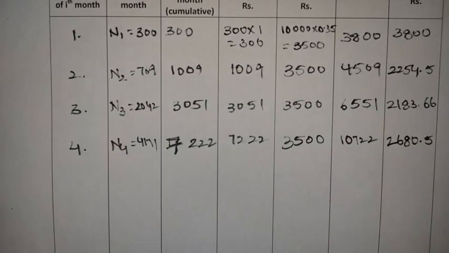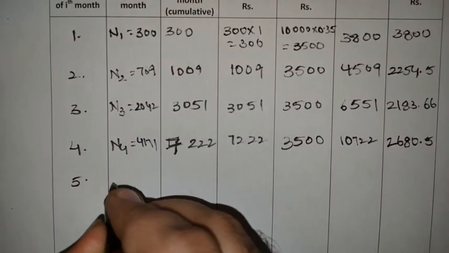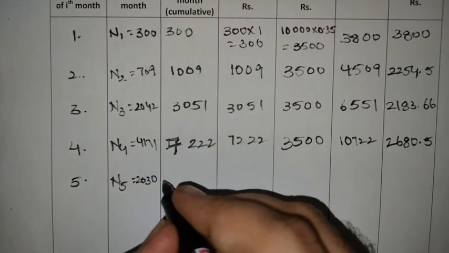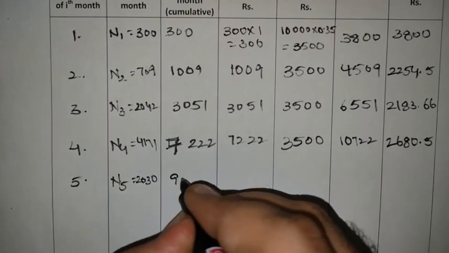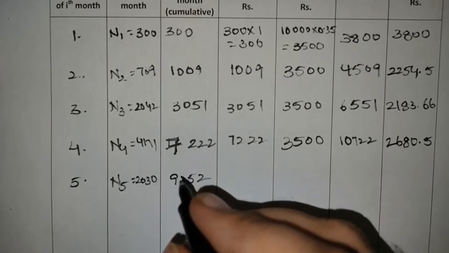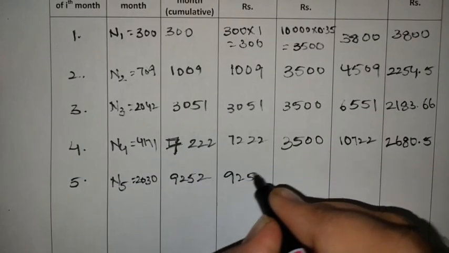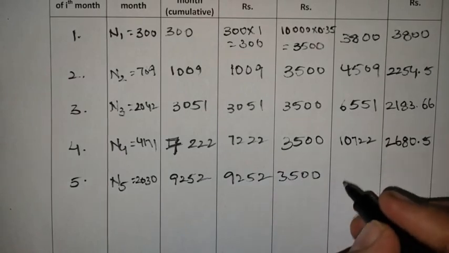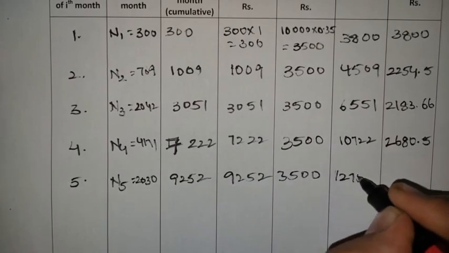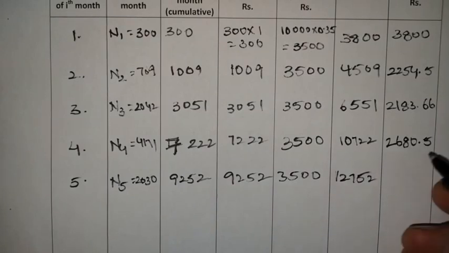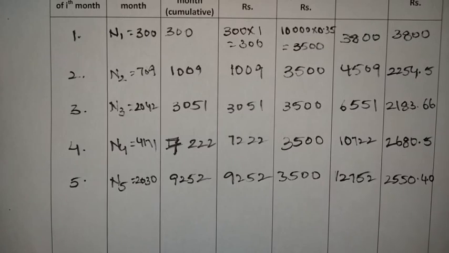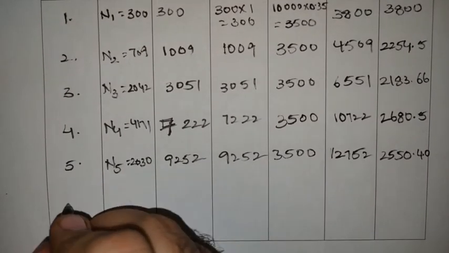Next, if you take it for fifth month, N5 is 2030, add this one, then we will get 9,252, individual replacement 9252, group 3,500, total cost 12,752, average cost 2,550.40.